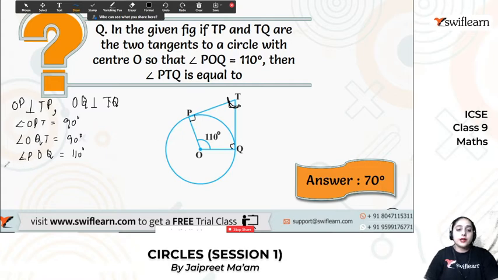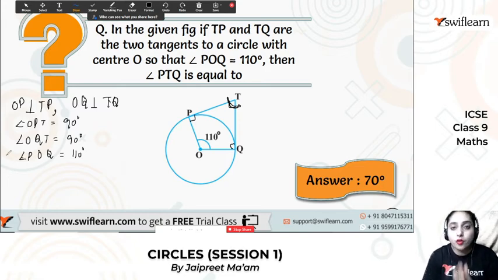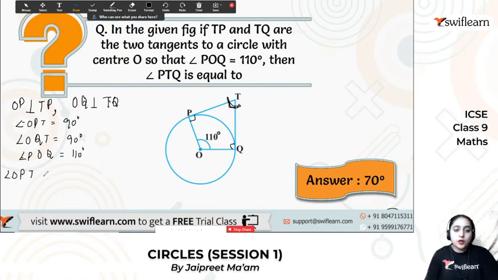So this is a quadrilateral, and we are using here the angle sum property of a quadrilateral. Angle sum property of the quadrilateral is that the sum of all the interior angles is equal to 360 degree. So let's add them all, and that is equal to 360 degree.